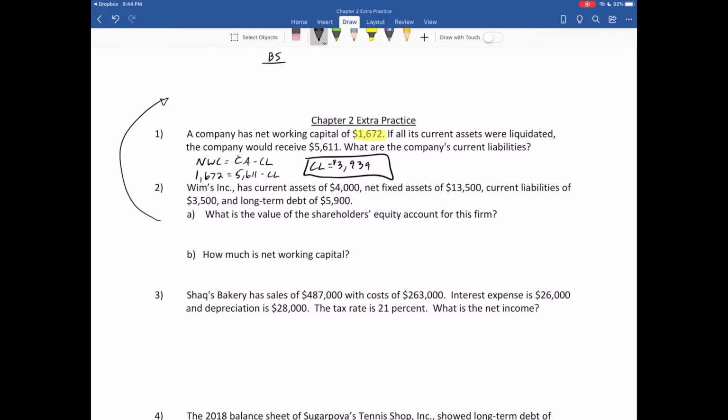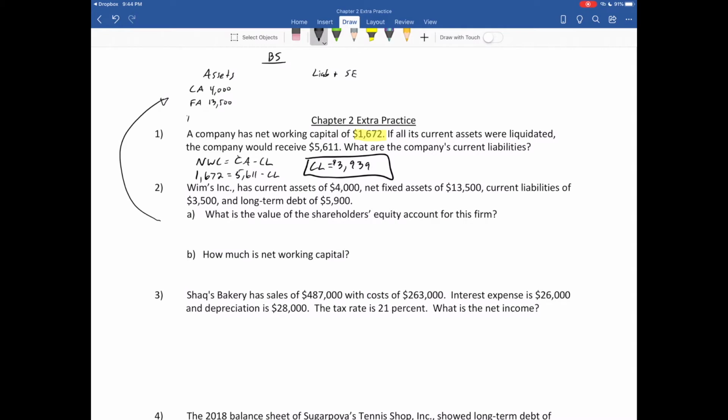Let's create a very basic balance sheet where we have our assets on the left-hand side, and our liabilities and stockholders' equity on the right-hand side. We know that assets are broken down into current and fixed. They have told us that we have current assets of $4,000, and fixed assets of $13,500.